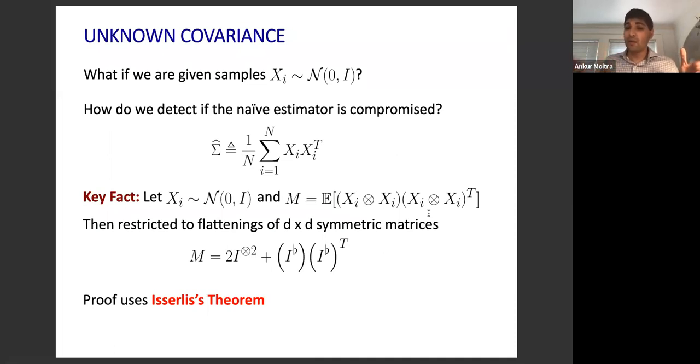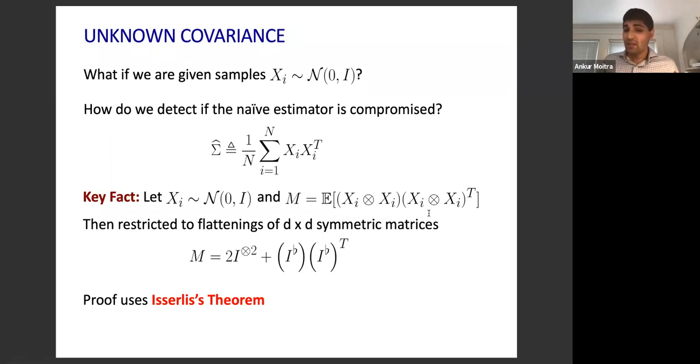And what I'm going to do is I'm going to flatten it into a d squared by d squared matrix. That's what this fact is doing, it's telling me the structure of what I get. So imagine I take samples from N(0, I), and then I form this d squared by d squared matrix, where I take a sample x sub i and I tensor it with itself to get a length d squared thing. And then I take it times its own transpose, and I take the average over the distribution.